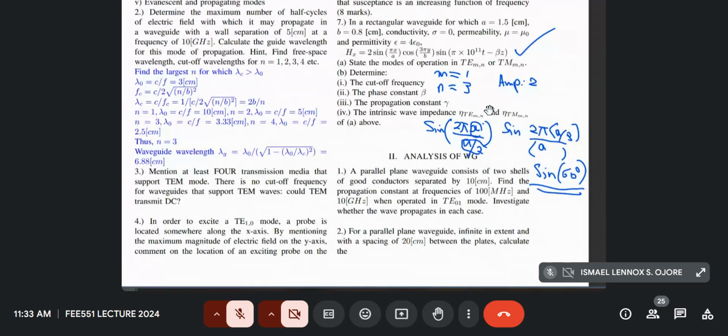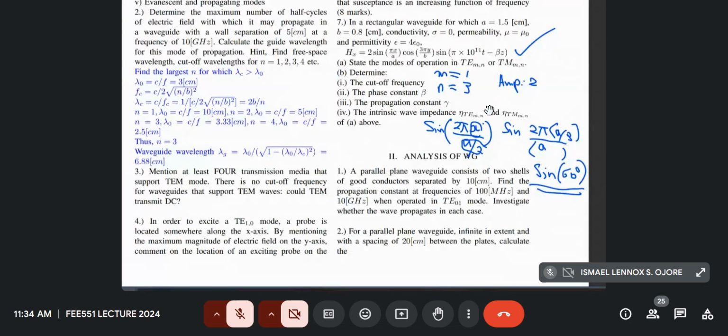Is that so? Yes. So that tells you, apart from just placing the probe, which will give you a maximum, that you can now decide whatever you want to excite. If you want to excite a higher mode, what do you change? The location of the probe, isn't it?